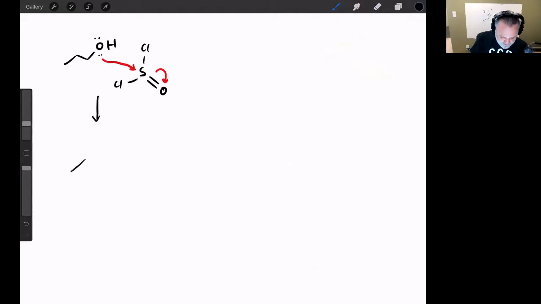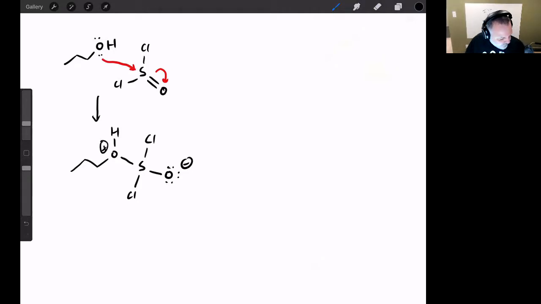If you think about the oxygen that's double bonded to the sulfur as being more electronegative than the sulfur, then that leaves the sulfur with a slightly positive character. And that should give you the first indication that you're going to attract the lone pairs of electrons onto the sulfur. And so that's going to form this interesting species. It's not actually tetrahedral because I'm not showing the lone pair on the sulfur, but it's there. It's still slightly positively charged because of the electronegativity difference, but there is a lone pair there, so it's not quite tetrahedral in this intermediate.